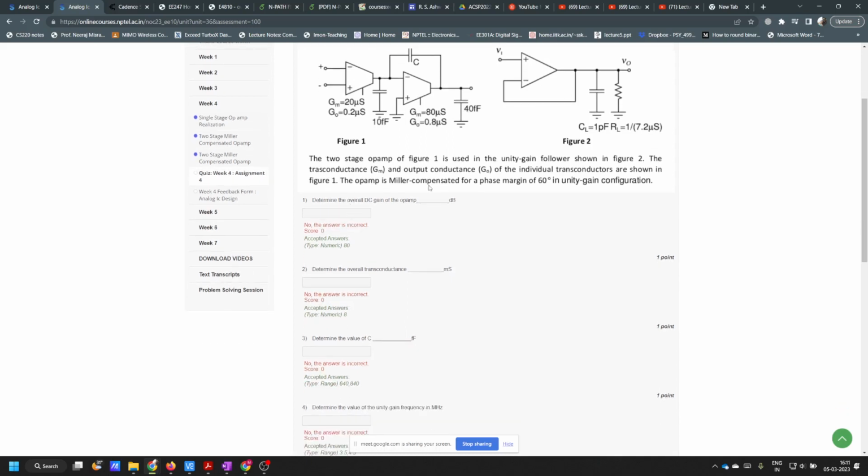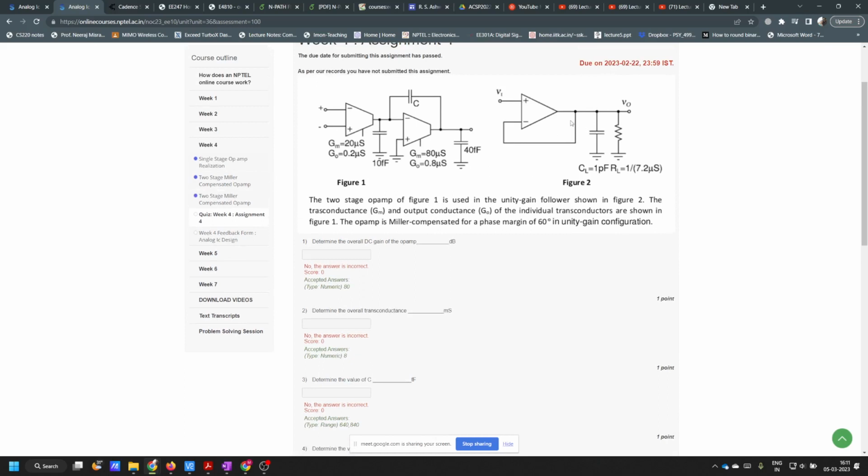Now the op-amp is Miller compensated for a phase margin of 60 degrees in unity gain configuration.